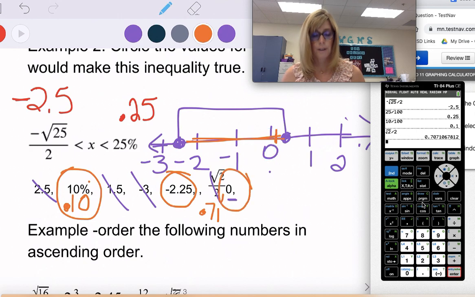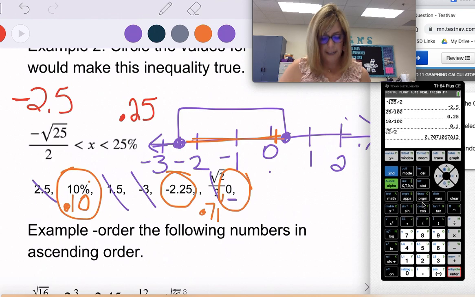So these are the 3 numbers that would be between these 2 real numbers. And that's what that question is asking. So when you see a problem that looks like this, you're trying to find the numbers that are in between these 2 numbers. Less than this one, but greater than the one on the left.